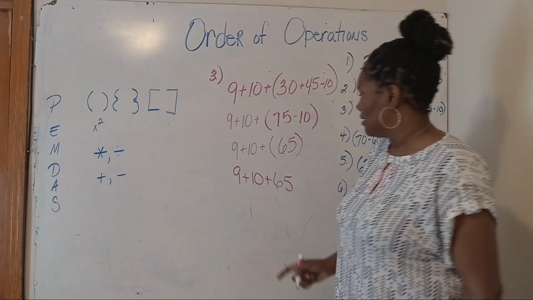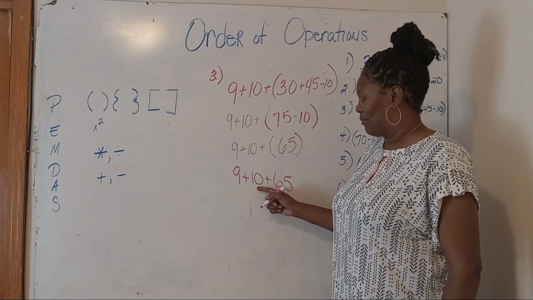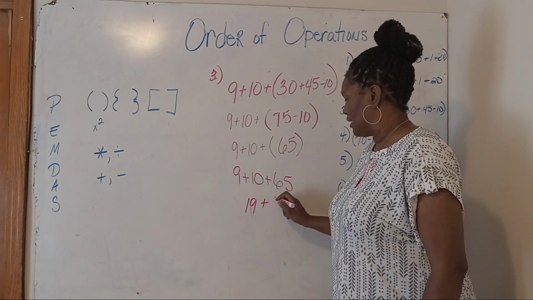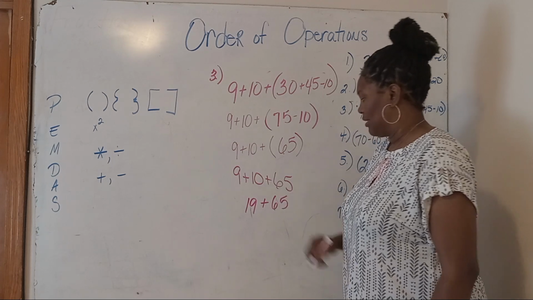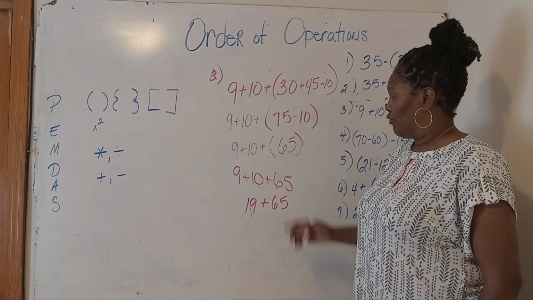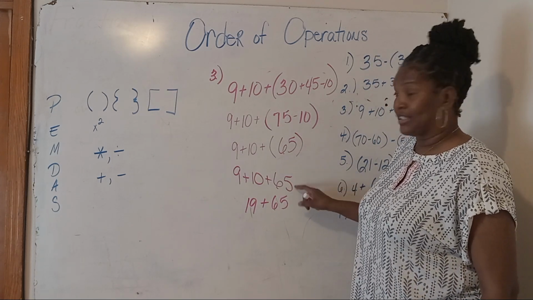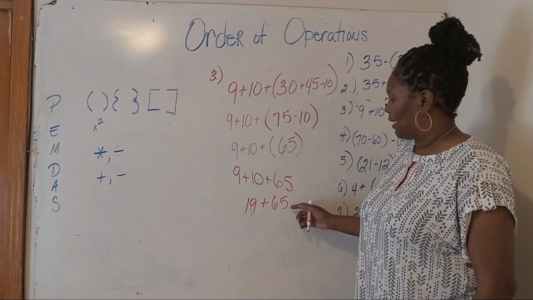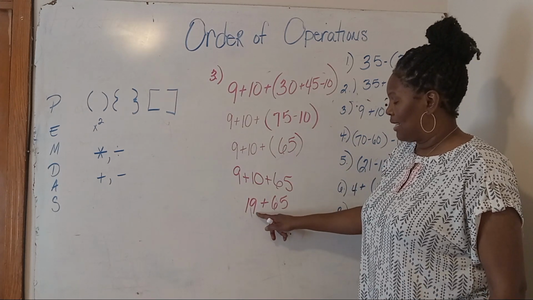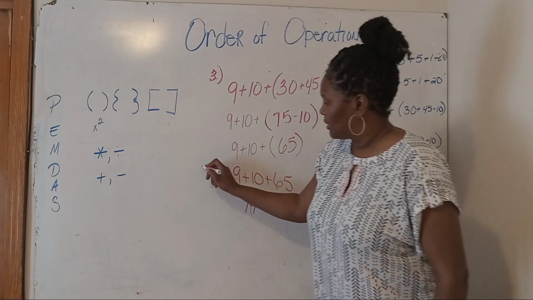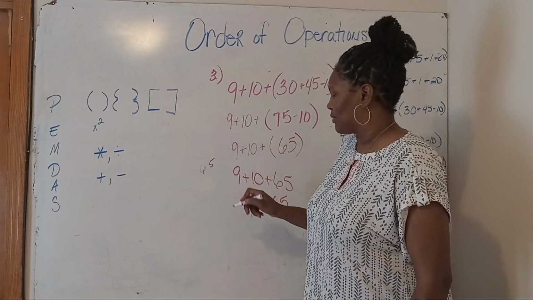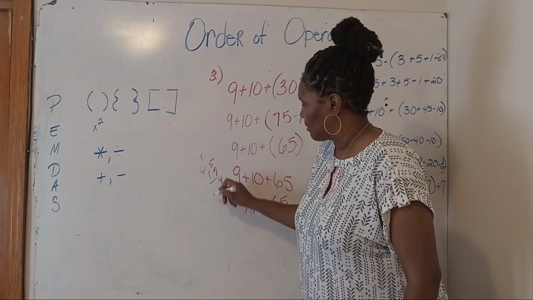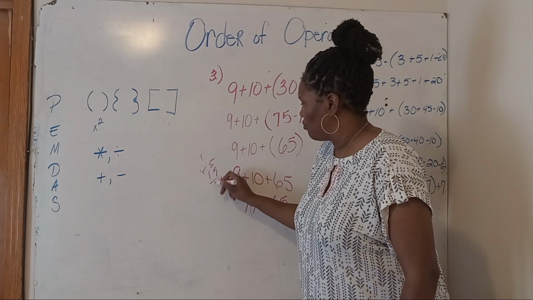So now, 9 plus 10 is 19. 19 plus 65. Okay? Remember, the only reason we took the 65 out of the parentheses is because it was the only number left in there. Okay? So, 19 plus 65. Let me see. That is probably about 84, if I'm not mistaken. Yep, 84.